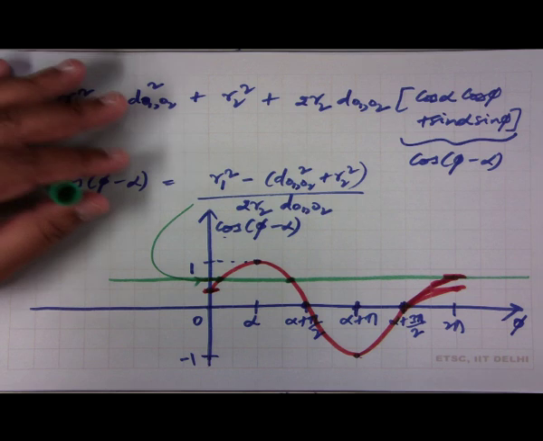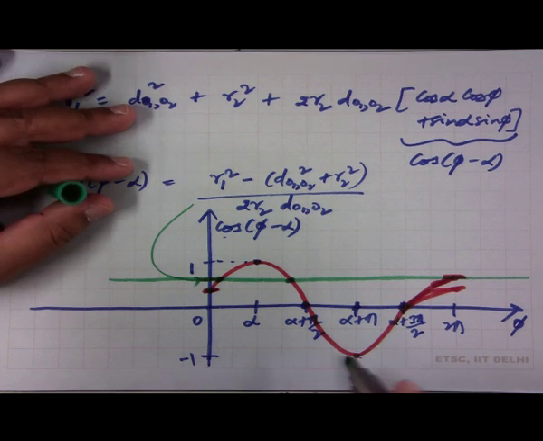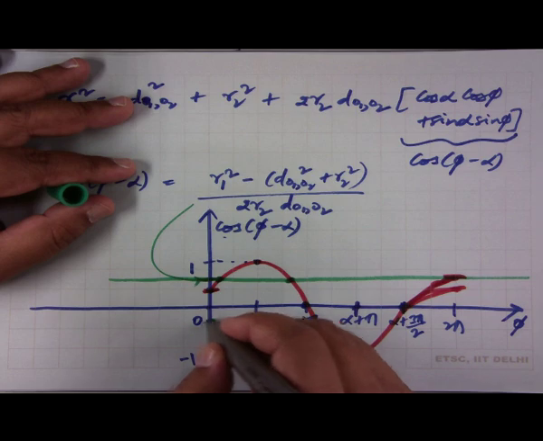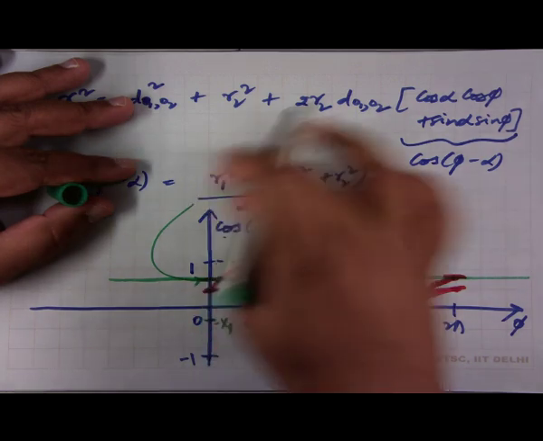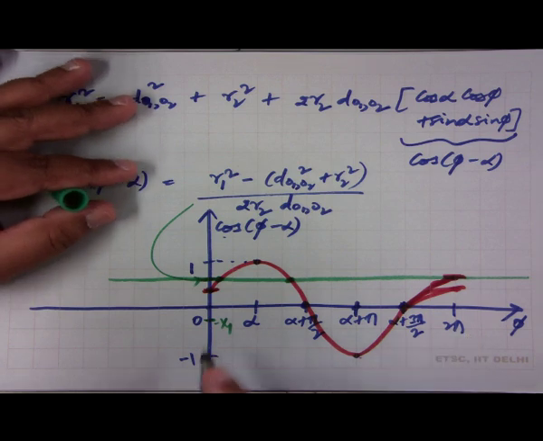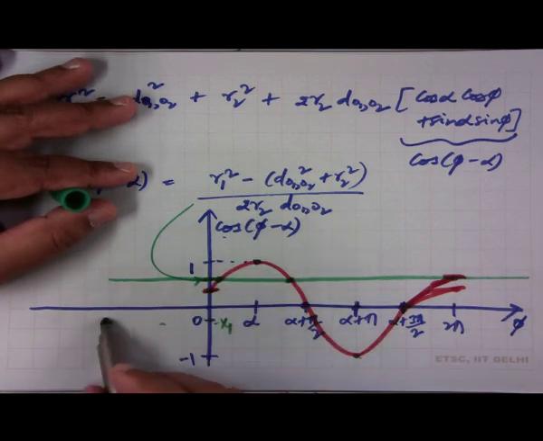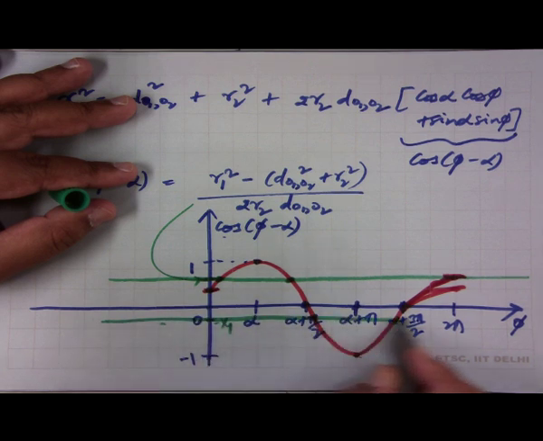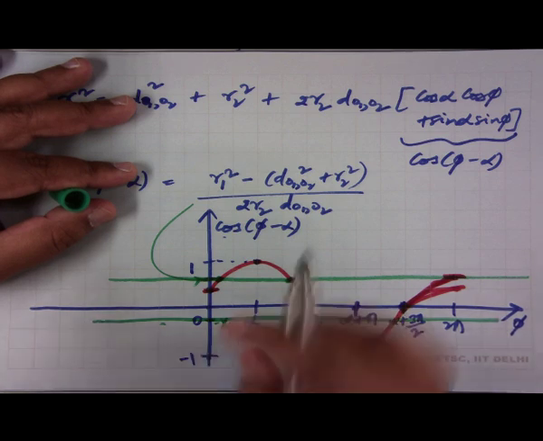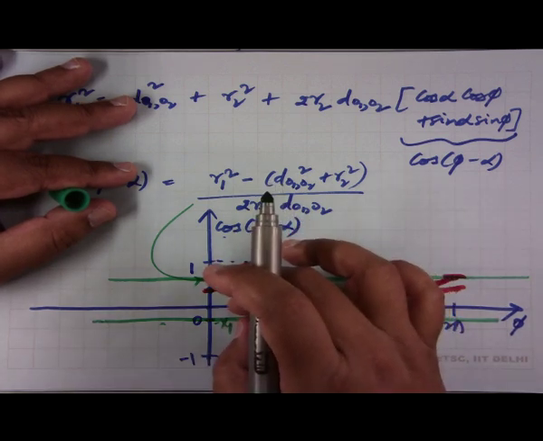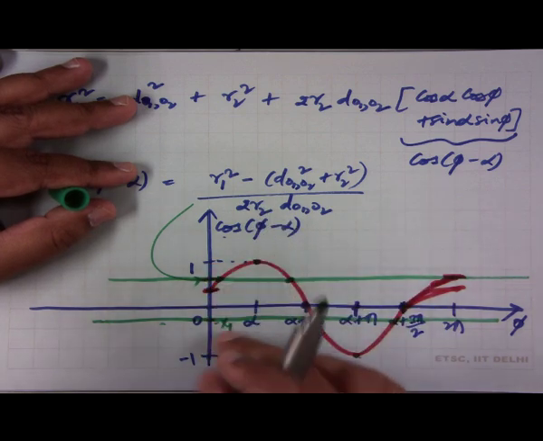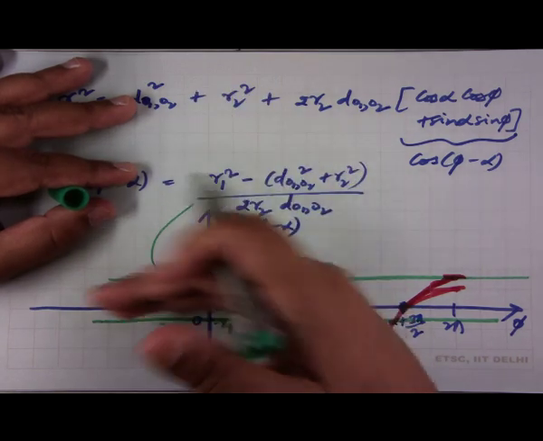So, we could take any other value also. Let us say this value, which is minus 1 by 4. If this right hand side is minus 1 by 4, then to find the solution we will draw a horizontal line parallel to the x axis, whose vertical distance from the x axis is 1 by 4, but on the negative side.